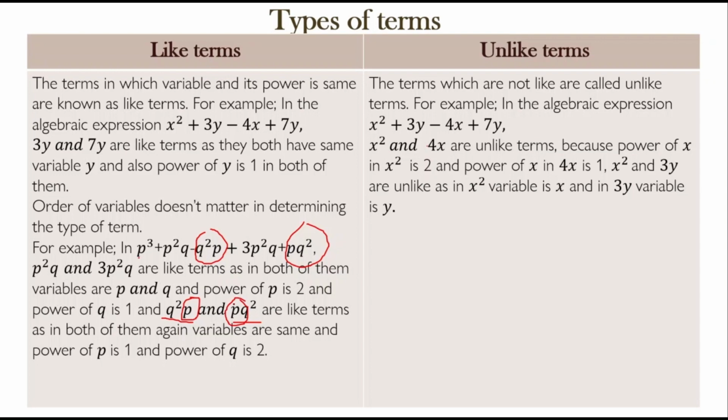In the first term, the power of q is 2. In the second term also, the power of q is 2. So they would be like terms. It doesn't matter that in one term q is written first and in the other p is written first. This is the reason that the order of the variables doesn't matter in determining whether the terms are like or unlike. Even if the order is not the same, they could be like terms if the variables and their powers are the same. I hope it's clear to you.